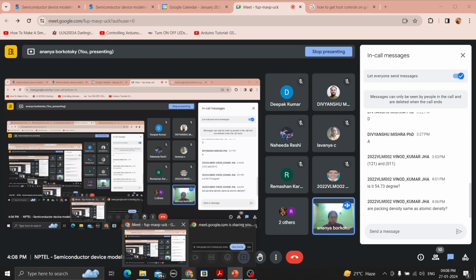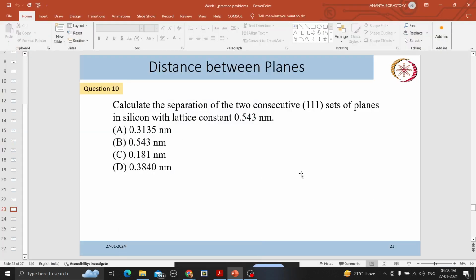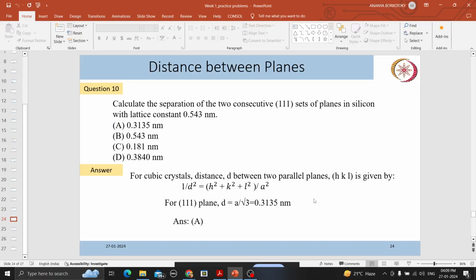You must have already calculated the packing density at different planes for different unit cell structures, right? Okay, so this is the answer for this question. If someone has not calculated it, they can calculate.